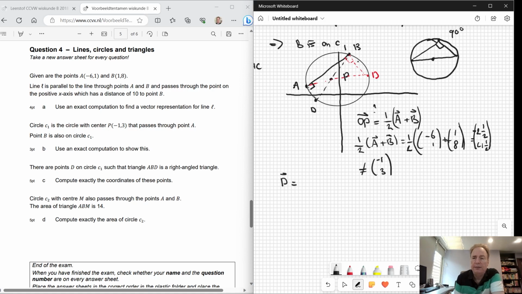D has to be, the vector has to be B plus 2 times the vector going from P to B, because that will make the center of the circle right in the middle of the 2.